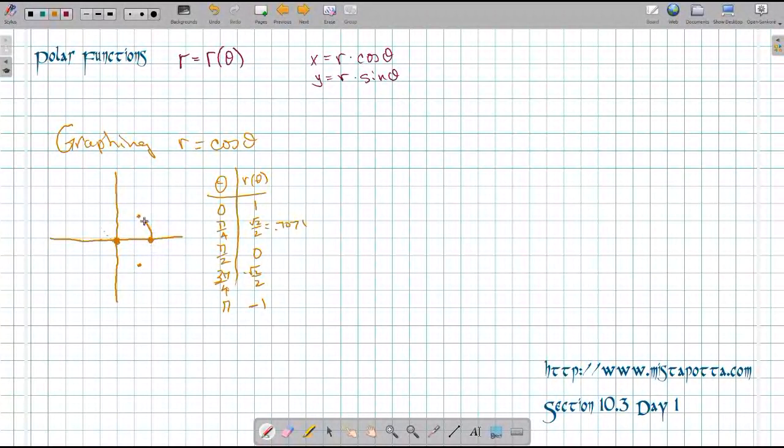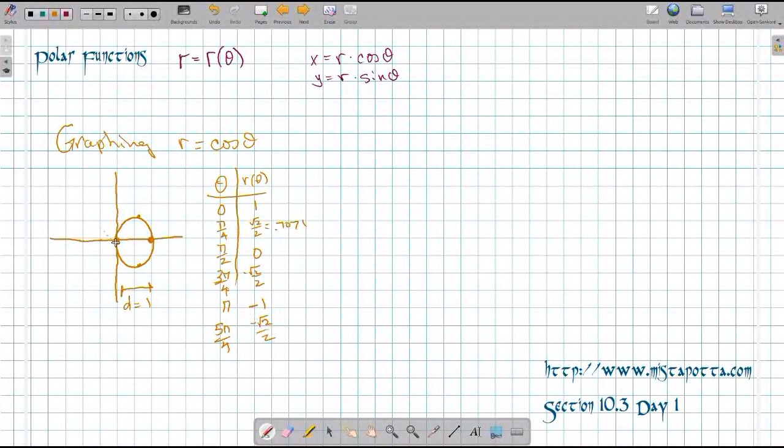So what actually happens when I graph this is I find out that this traces a circle with diameter 1. But the period of cosine is supposed to be 2 pi. And what I find is that when I do 5 pi over 4, my cosine ends up being negative root 2 over 2.